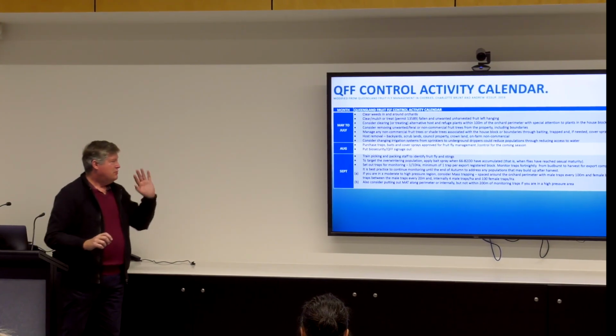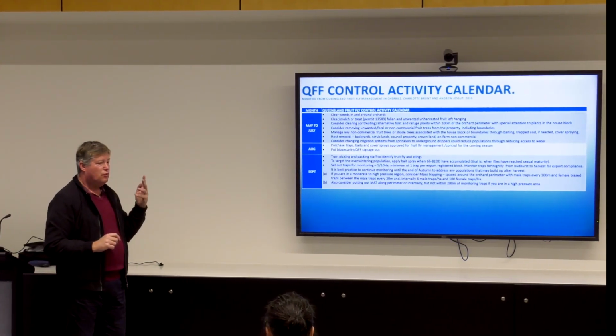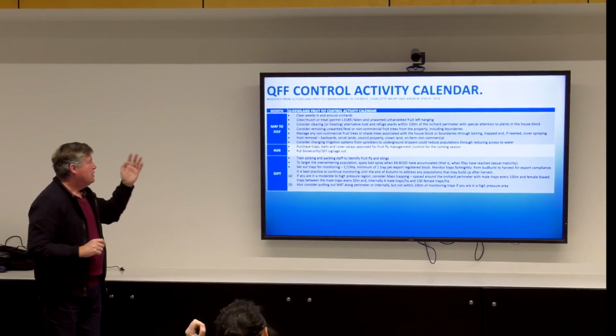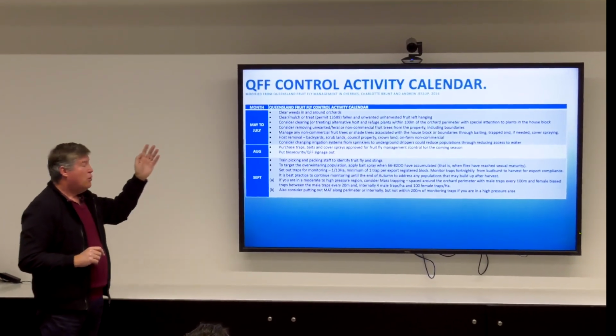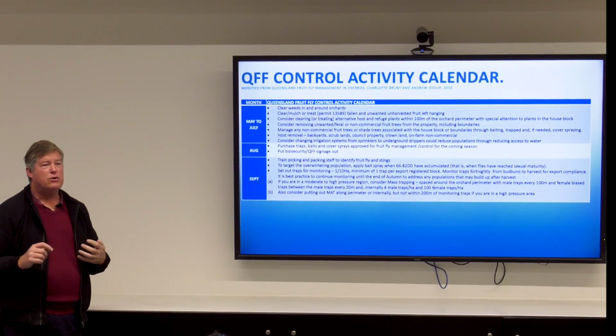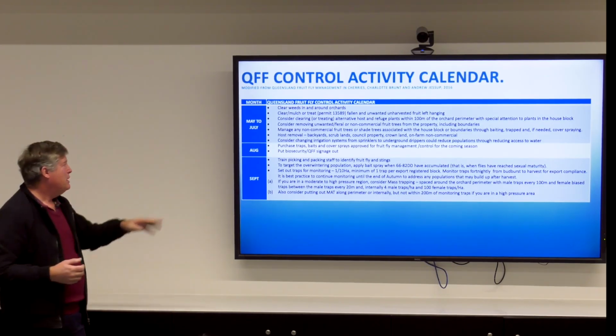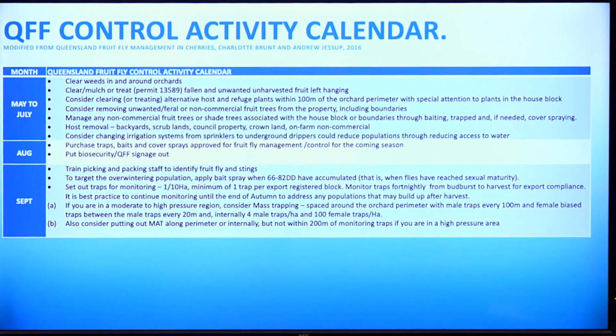This is far too much information, but what I'm trying to say here is that if you have fruit fly, or if you might have fruit fly, or you're hoping you don't have fruit fly but you might, always start early, certainly with the monitoring.